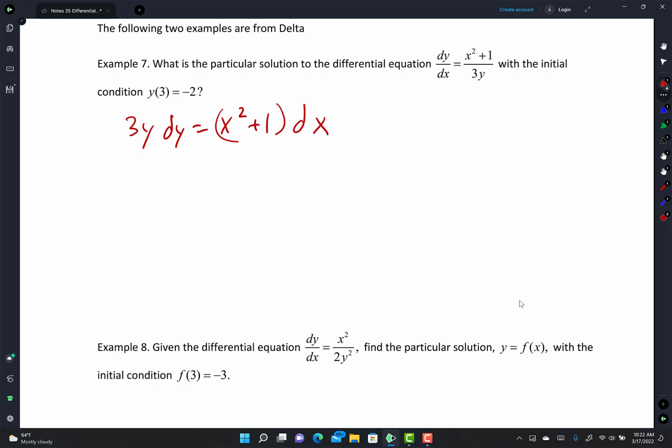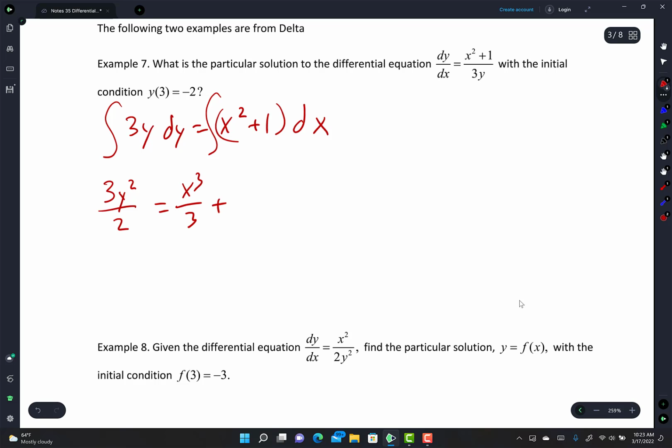I have to put the integral symbol. So what's the antiderivative of 3y? Perfect. Equals, what's the antiderivative of x squared? Plus, what's the antiderivative of 1? X plus c.